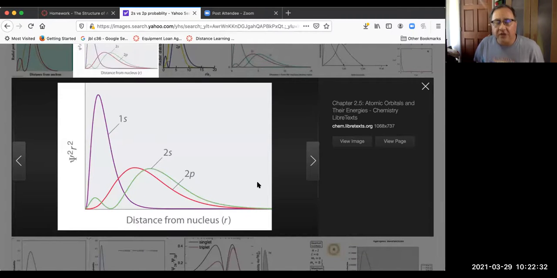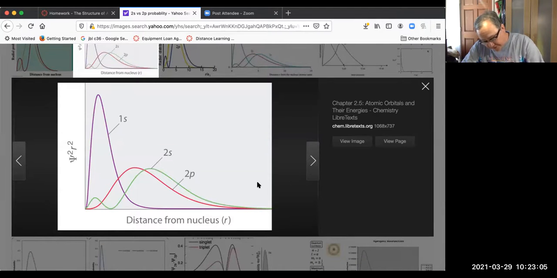So on average, if we look at this, here's my 2s, and the 2p, and then the 1s. Oh, I should have used the purple for the 1s.